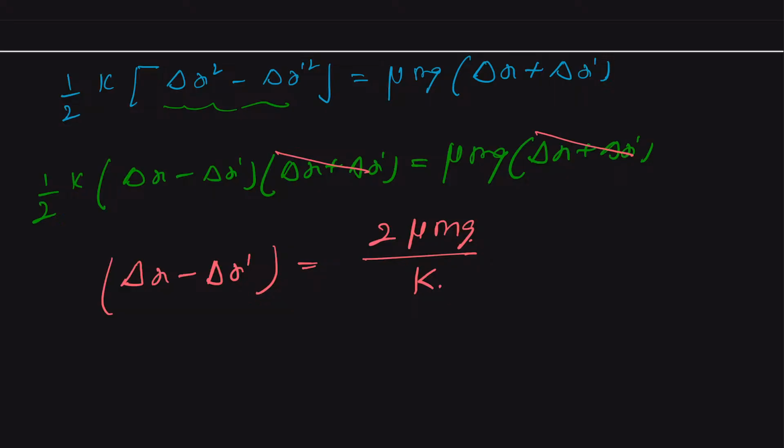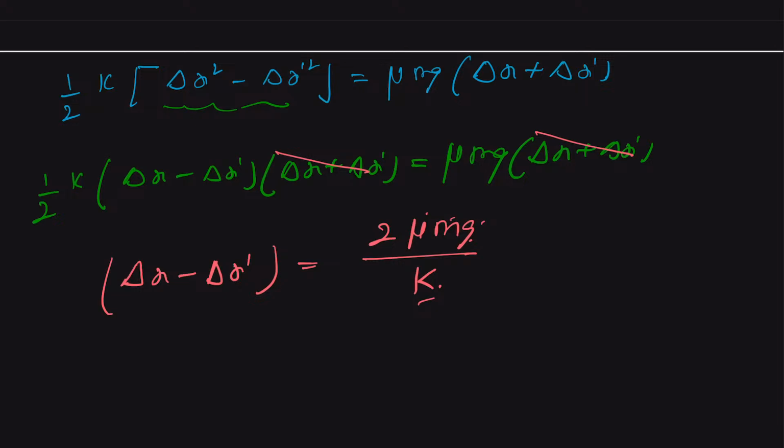And so from here we can say that the amplitude drops by a constant amount in each half oscillation, because here everything is constant, mu is constant, m is constant, g is constant, and k is also constant.